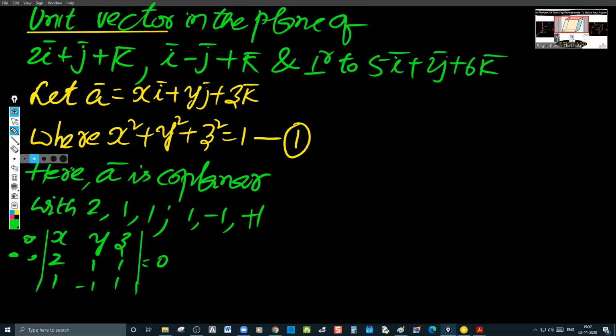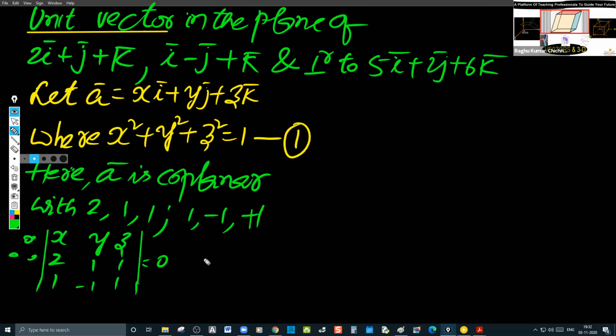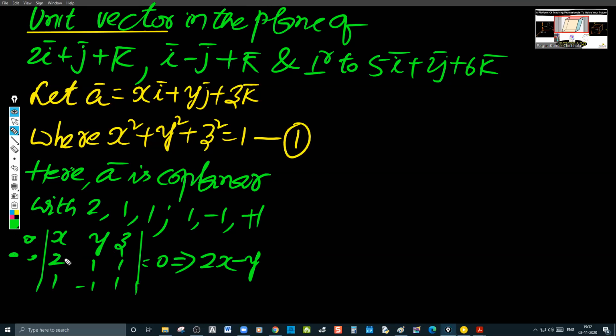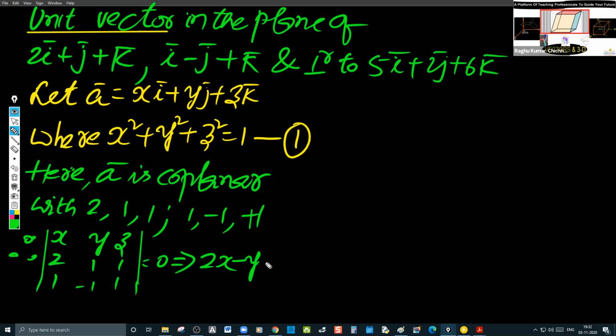Why? Because they are coplanar. So x of this is 1 plus 1, 2x. Minus y of 2 minus 1. Plus z of minus 2 minus 1, minus 3z. Is equal to 0. This is equation number 2.